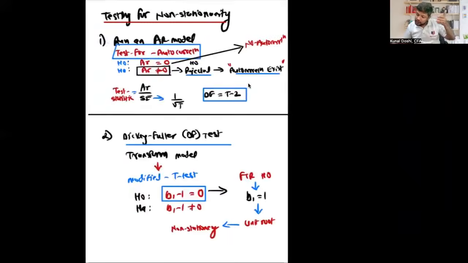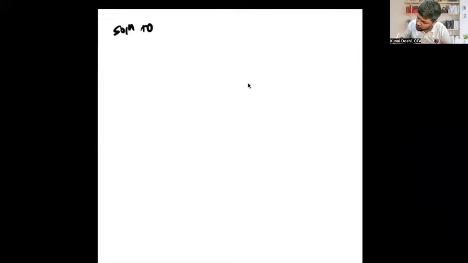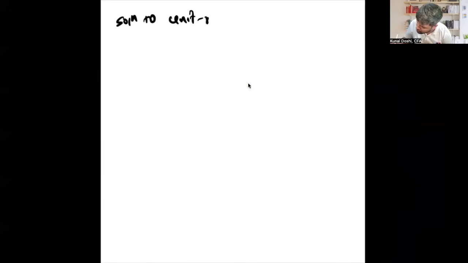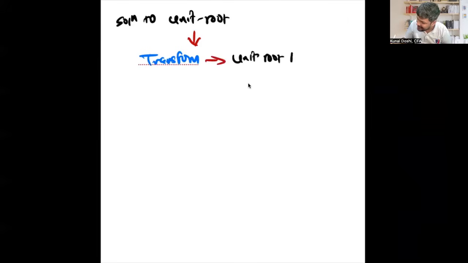Solution to the problem of unit root. What is the solution? Well, we are going to transform the unit root data to covariance stationary.